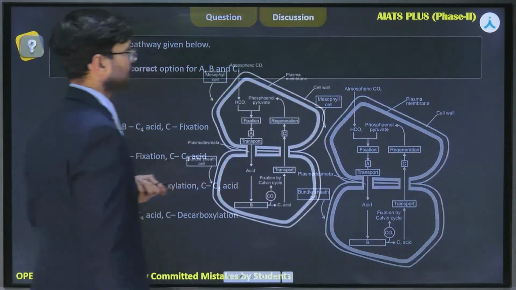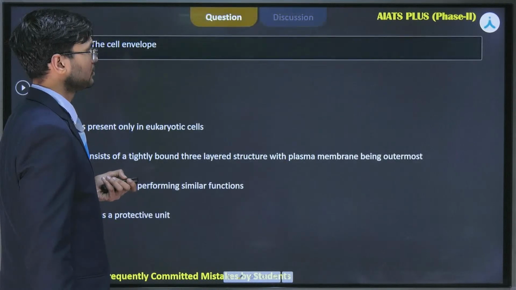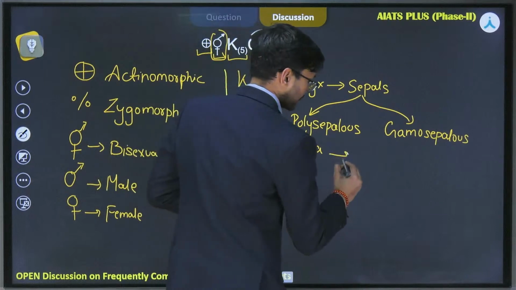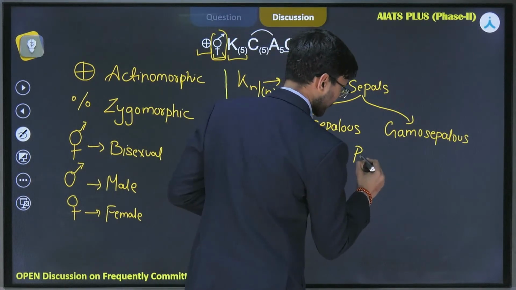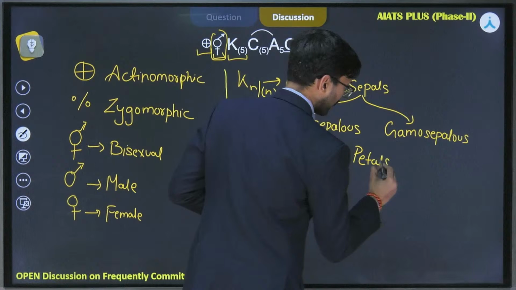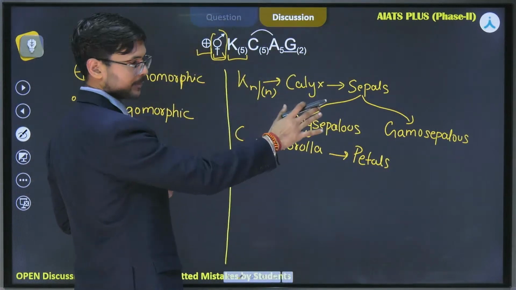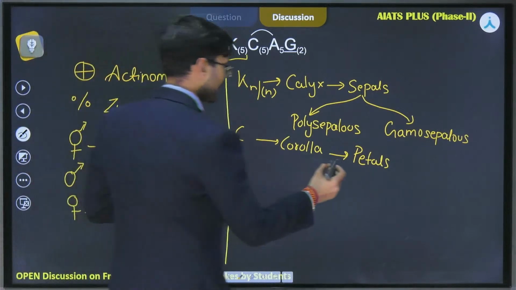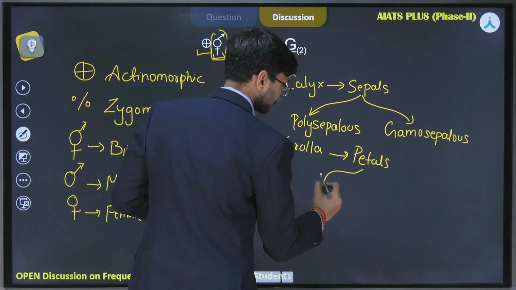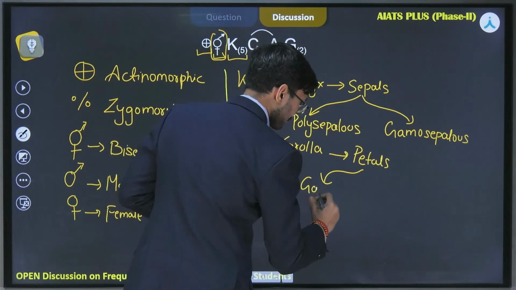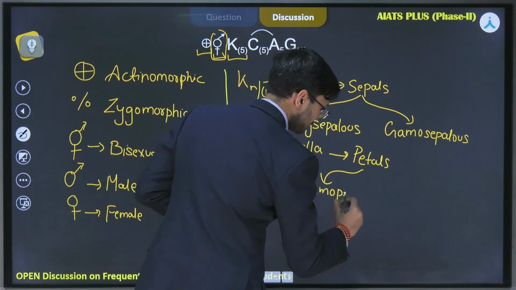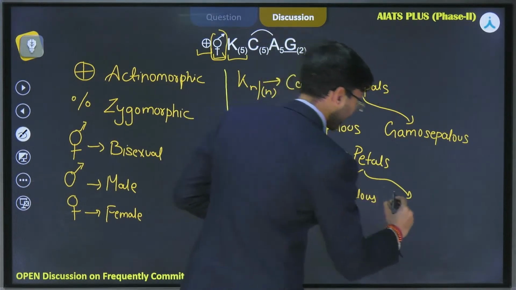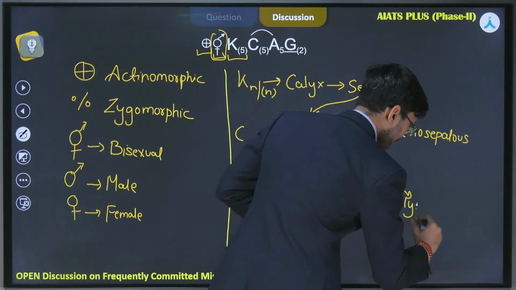Okay. So now, corolla is made up of units that are called petals, and in the same way as in sepals, petals can be free or fused. Okay. So petals can be gamopetalous, that is fused, or can be free, that is polypetalous.